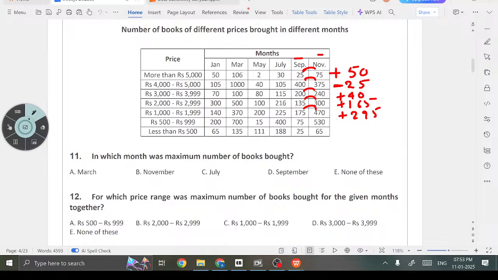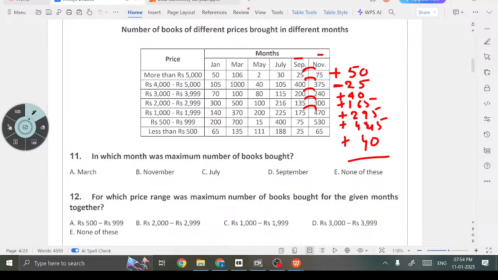Now this is equal to 445, plus 445. This is equal to plus 40. So if you add all of them and subtract, then you will definitely get to the answer. So let's try.